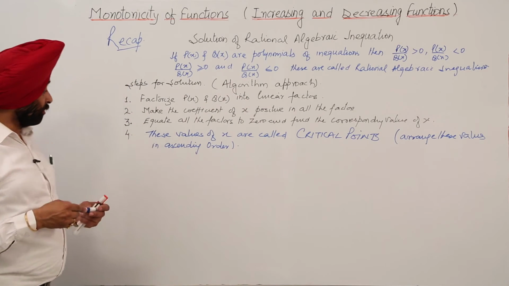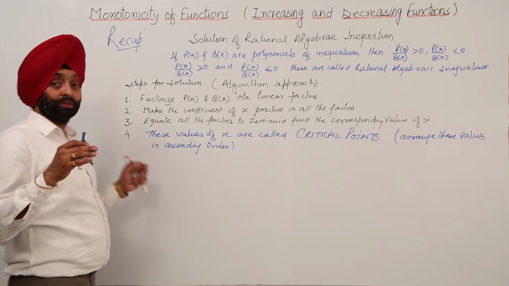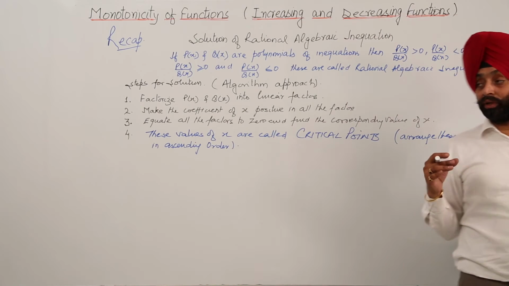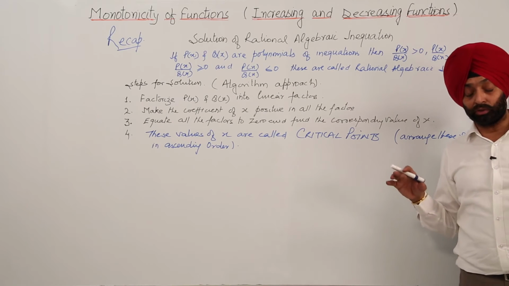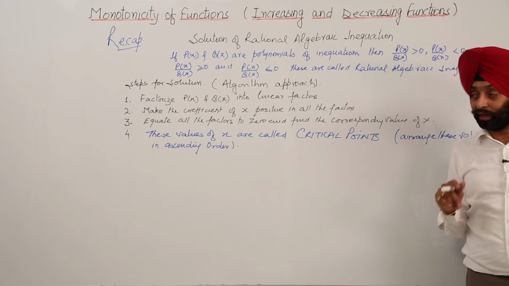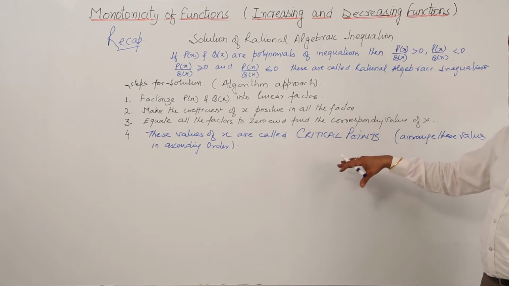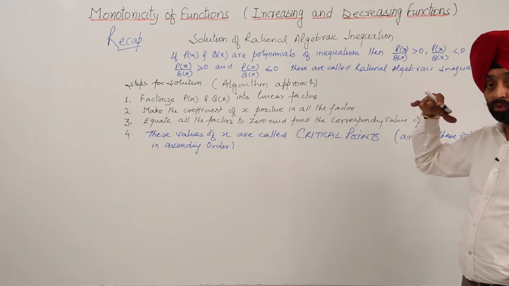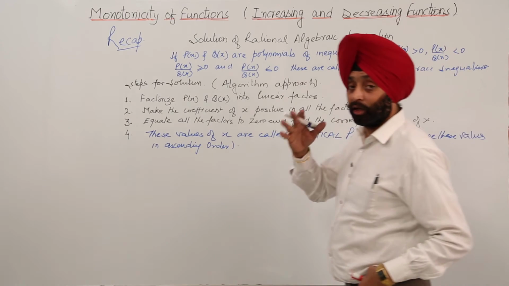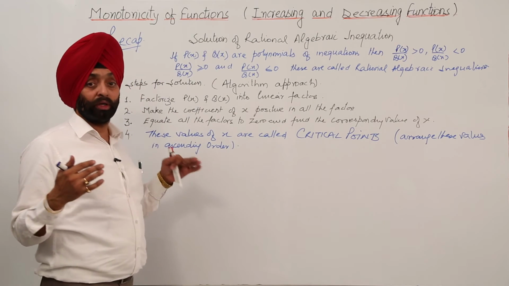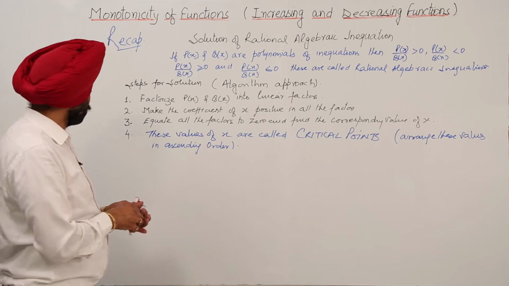That's why I have written with separate ink that this is the very important part: whenever we equate the factors with 0 and get a value of x, those points are called critical points. This is just a recap. When we start the chapter, I will tell you how to equate for better results.